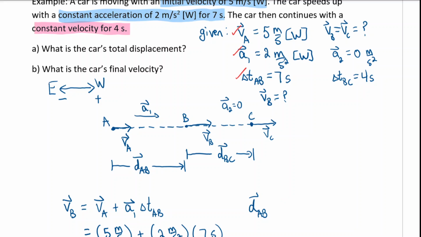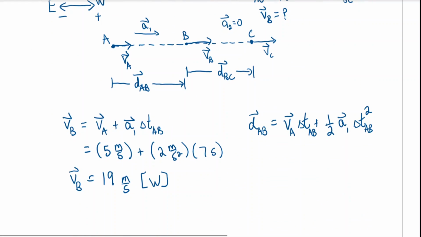We've got the displacement is going to equal our initial velocity times time plus 1/2 of our acceleration times our time squared. So this is for the first interval. So we'll do that. Okay, so let's put in our numbers.